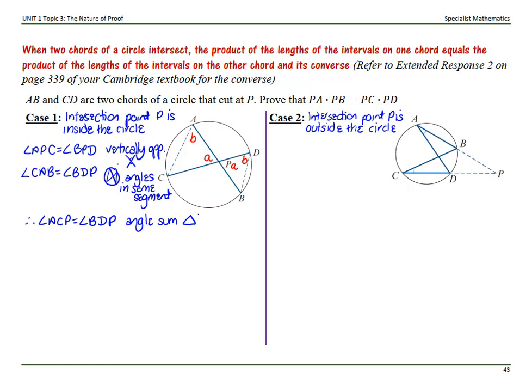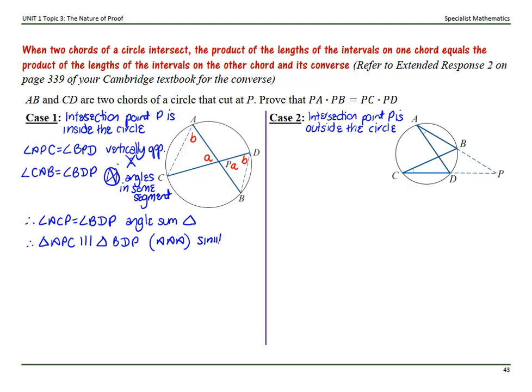Well, they're also the angle in the same segment, whichever way you want to go. So therefore, triangle APC is similar to triangle BDP. And the reason is we have 3 equal angles.